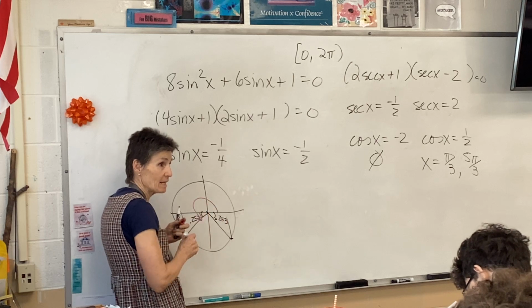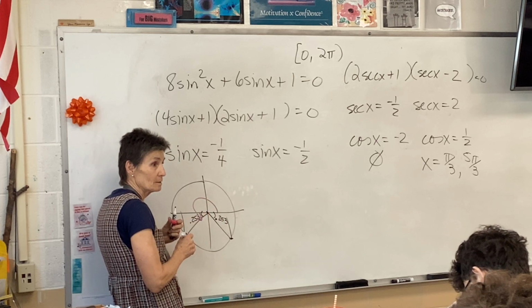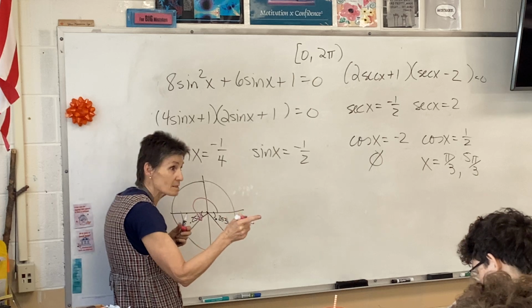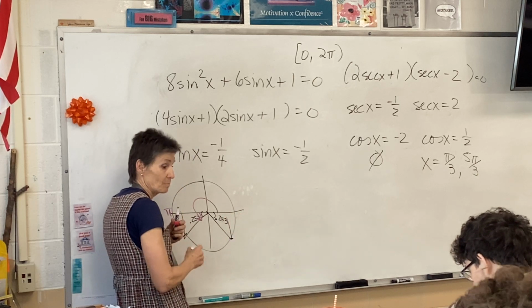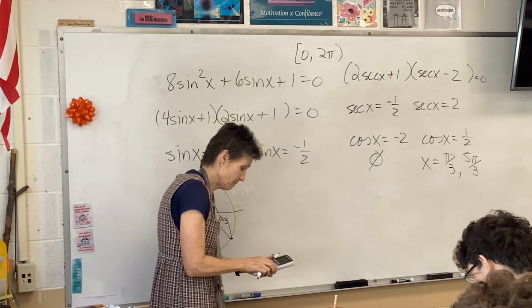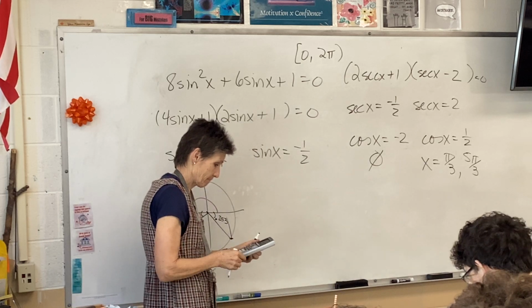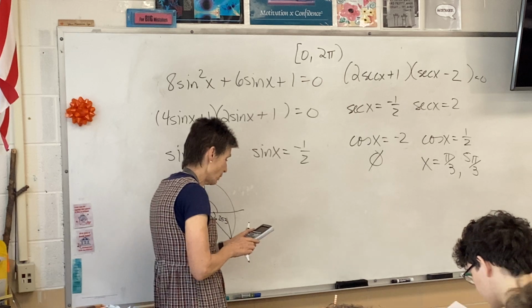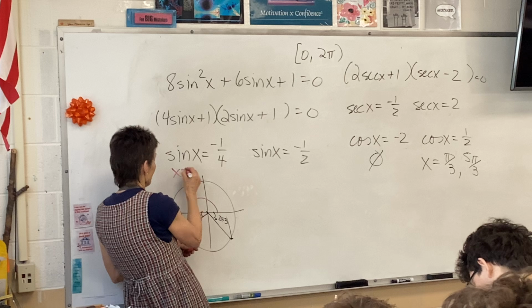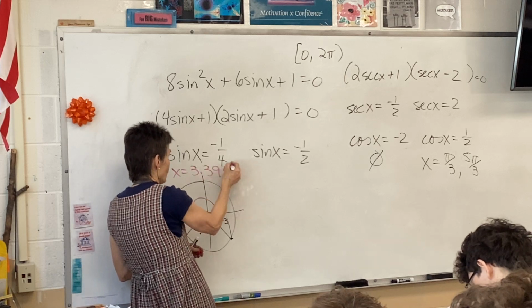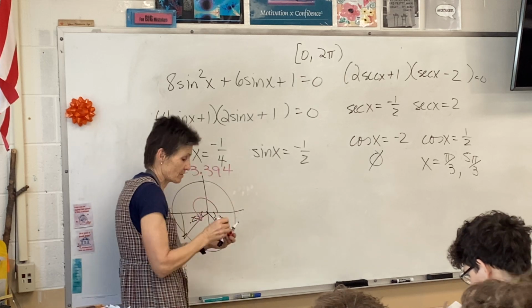How do I find that angle? Pi plus. So I'm just gonna add pi to that guy, and I got 3.394. So one answer to this one is 3.394. That is the quadrant 3 answer.